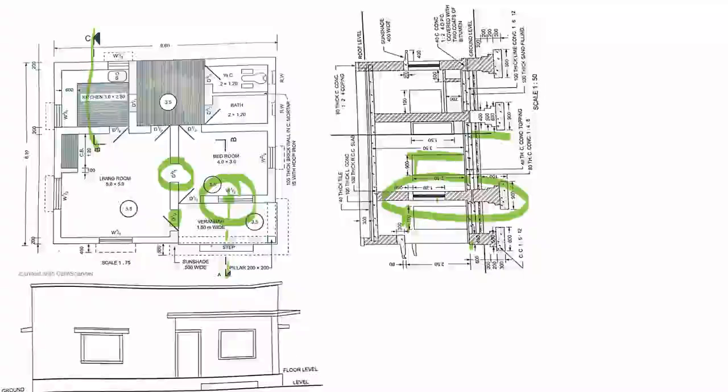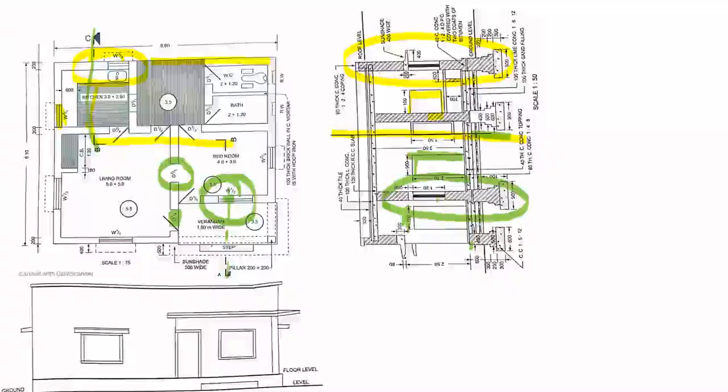So after that, this line is similar to this line. Okay. So after this, we cut here. So this window is shown here. Okay, and this part is shown here.